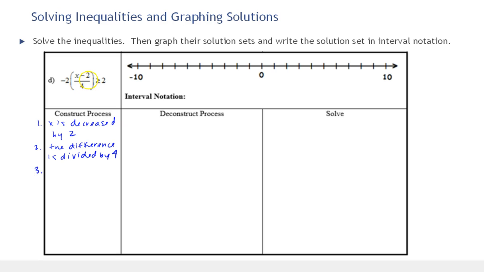And then our next step is that quotient is multiplied by -2. And then we have the result is greater than or equal to 2.